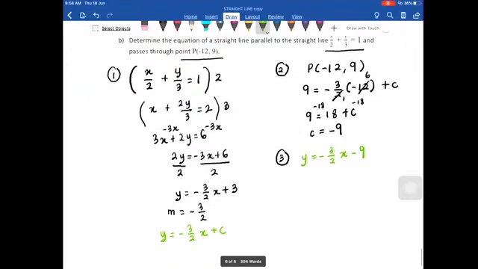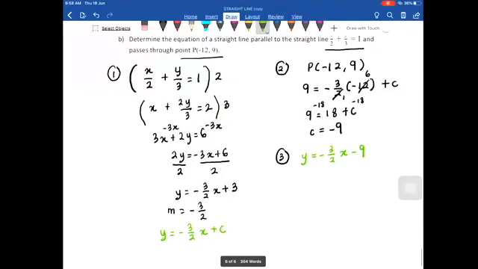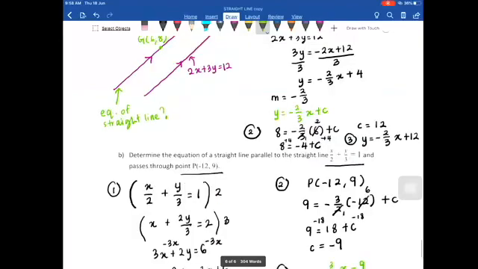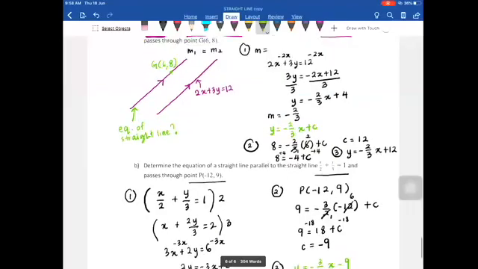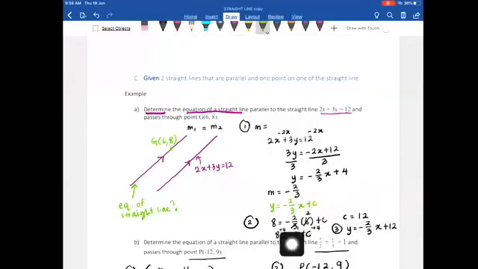Okay. Sebab kalau kamu compare dengan yang pertama tadi, if you see the second step berdasarkan soalan A tadi, saya substitute point G. Betul tak?